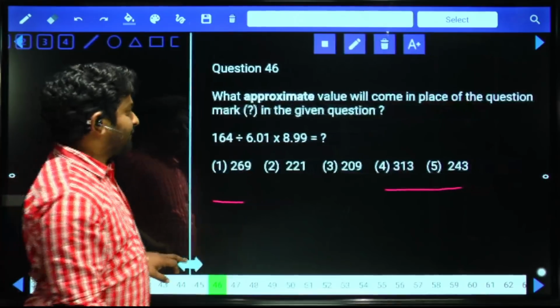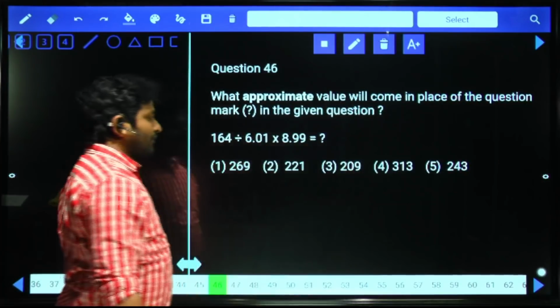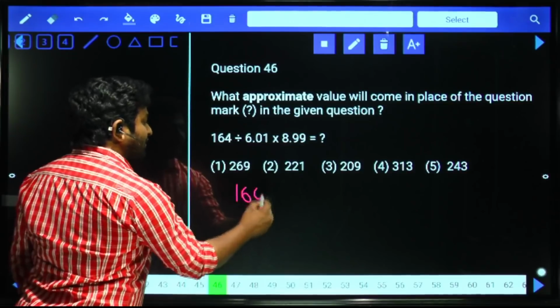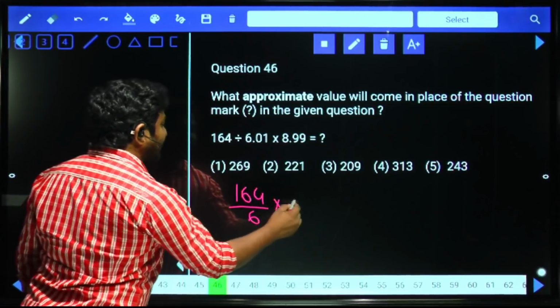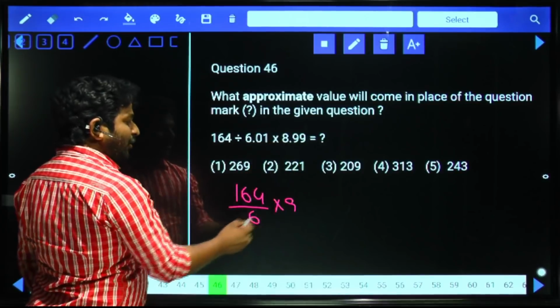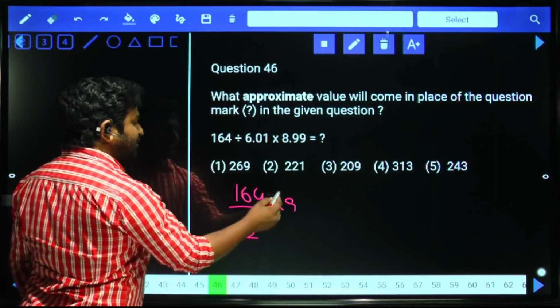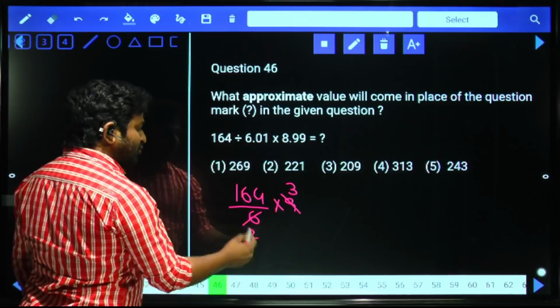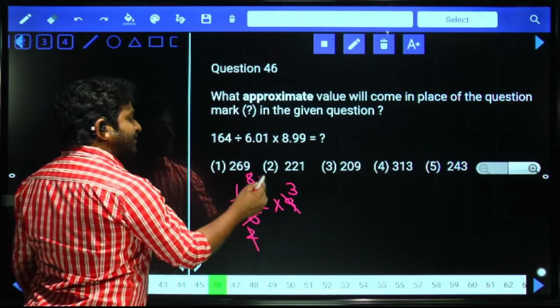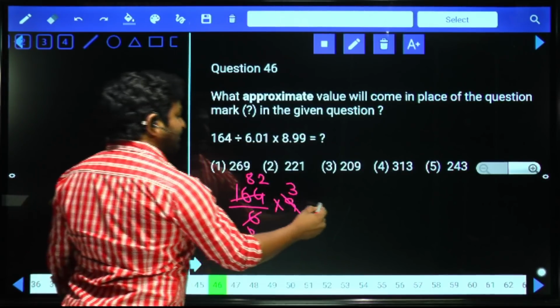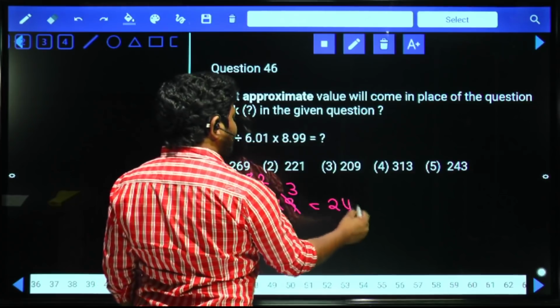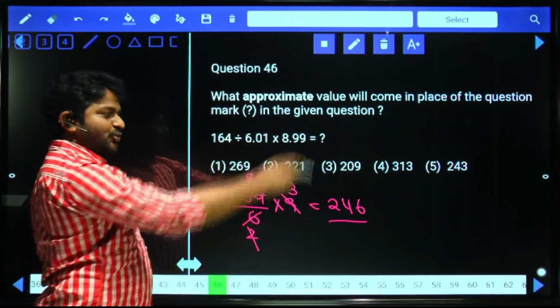Next, approximations here. Come on, let's see. 164 divided by 6 into 9, approximately 6 and then 9. 3 times 82 is equal to 246. Approximate answer 243.